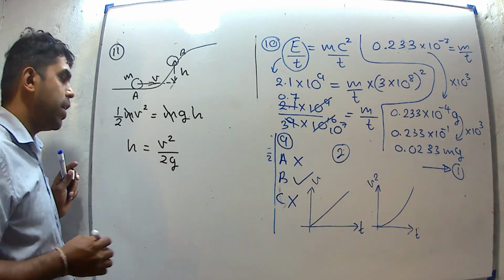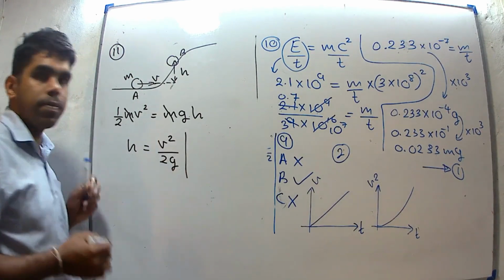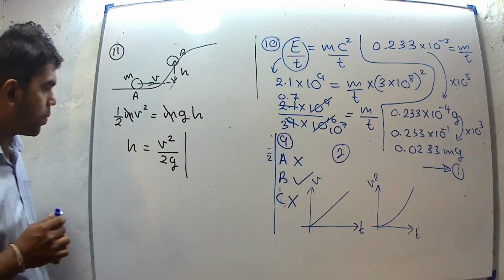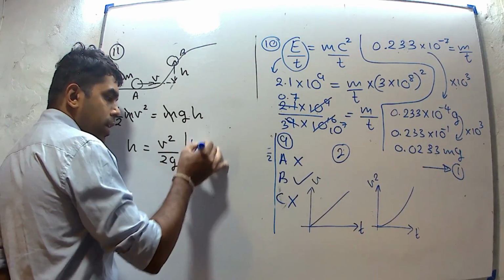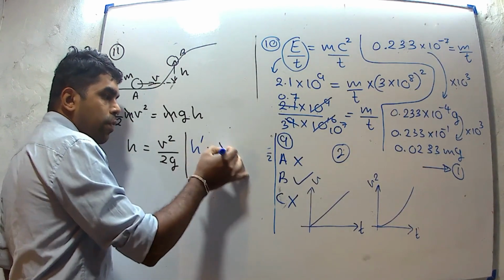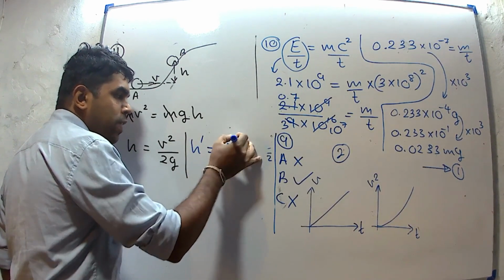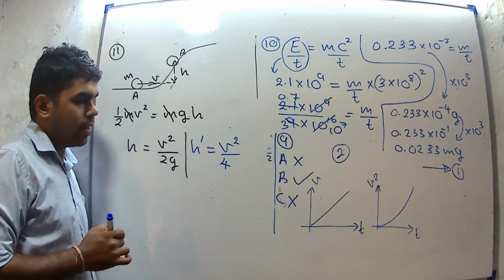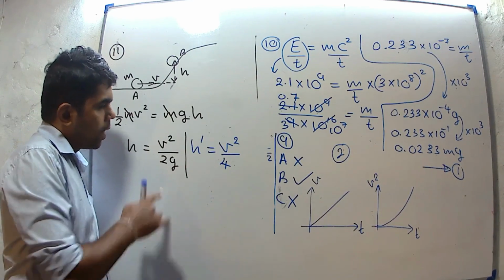Then for the second object, velocity is v over 2. If the new height is h dash, we have to substitute v over 2 squared, which means v squared over 4, divided by 2g.